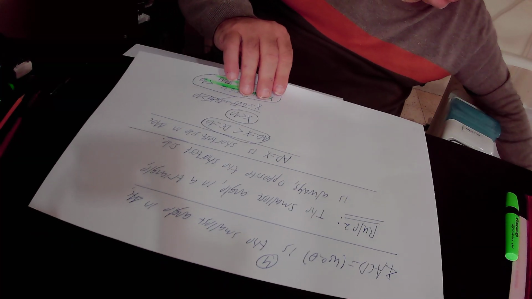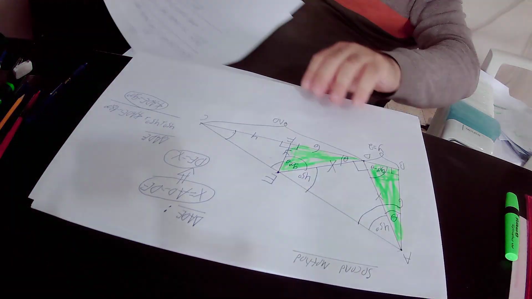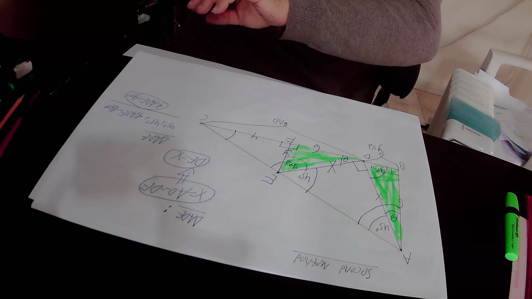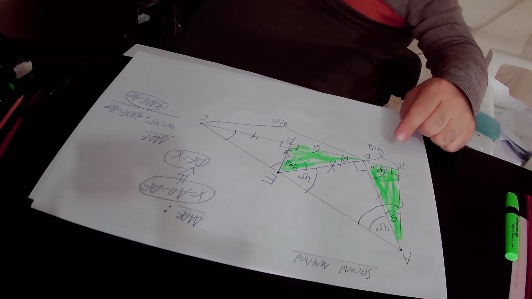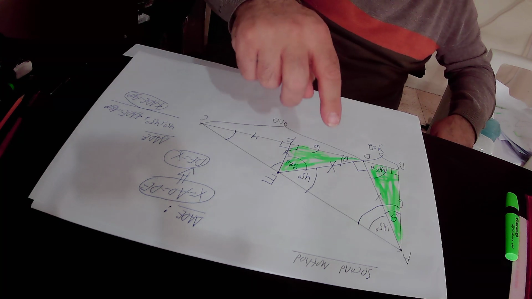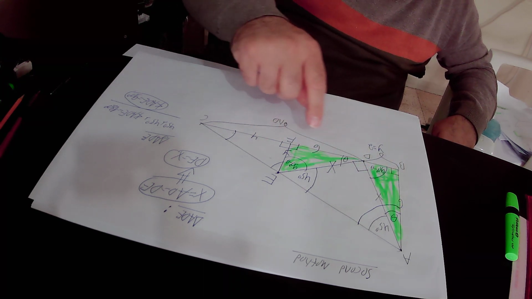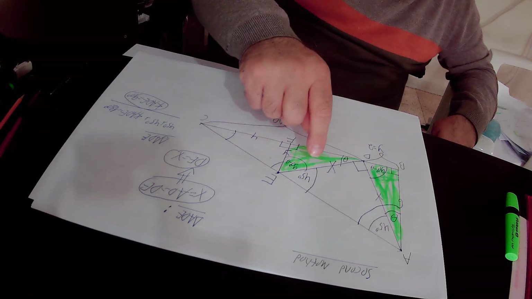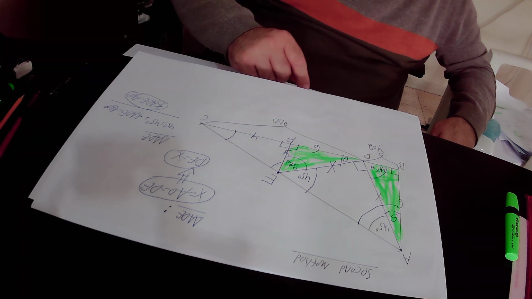In the next step I showed you how to find the value of line segment X according to the second method. In the second method we did another construction. From point D we draw a straight line on AC in such a way that angle AEC will be equal to 45 degrees.